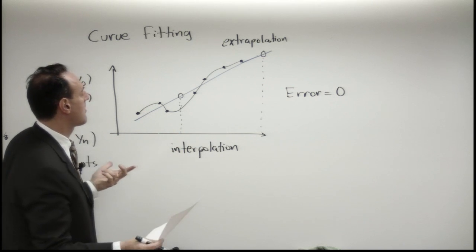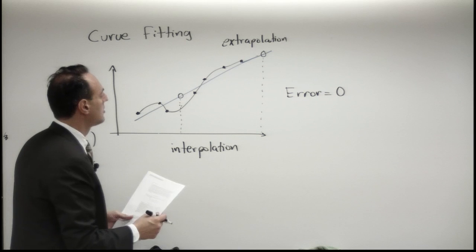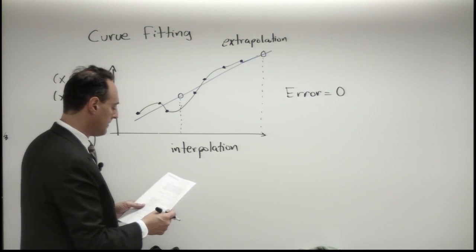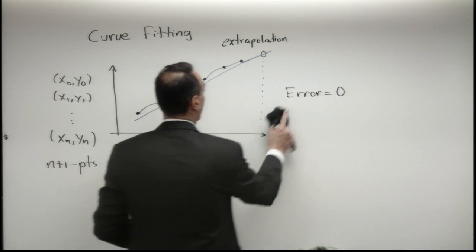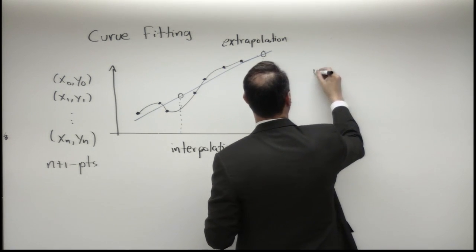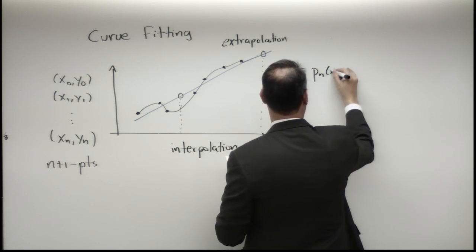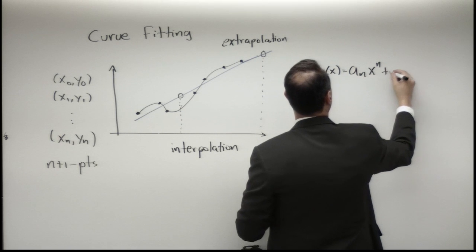So how would you set up a system to actually give you something like this? So what you want to do is a polynomial fit. You have all these points. So how about we do a polynomial fit through this data? In other words, you take a polynomial of degree n, and you fit it through your data.